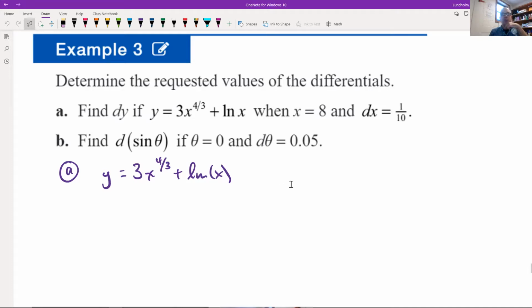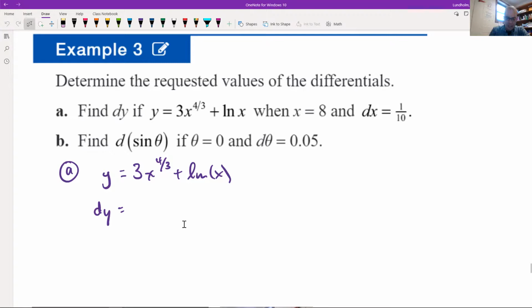And in order to get some differentials appearing, I'm going to take the derivative of both sides. And this time I'm going to just write it in differential notation so that y becomes like a nudge to y.